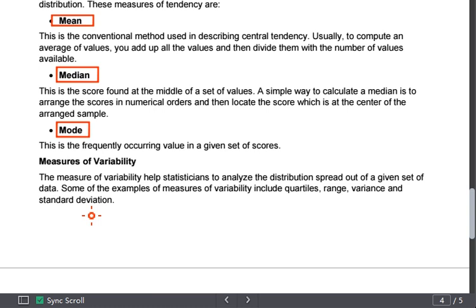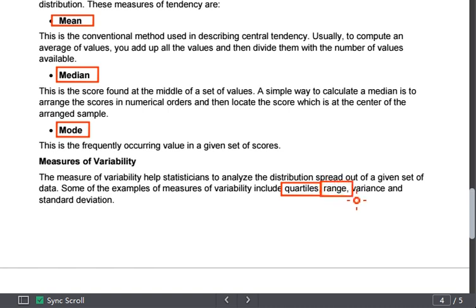Next, measures of variability. So the measure of variability helps statisticians to analyze the distribution spread out of a given set of data. Some of the examples of measures of variability include quartiles. When you say quartiles, dito po parang hinahati siya into four.